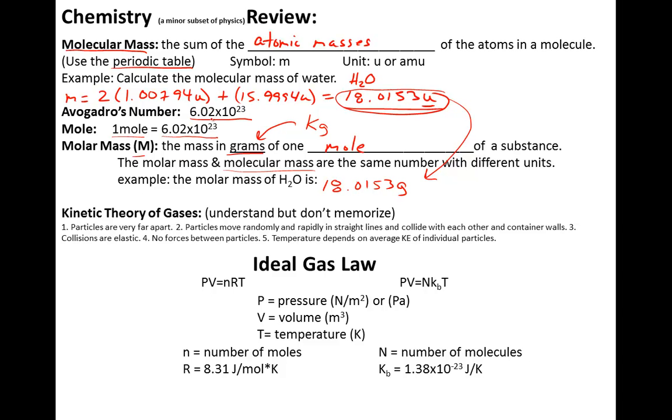If I had 1 mole of H2O particles, 6.02 times 10 to the 23rd H2O molecules, and I were to figure out their mass, it would be 18.0153 grams. But remember, because in physics we use kilograms, that would be equivalent to 0.0180153 kilograms.